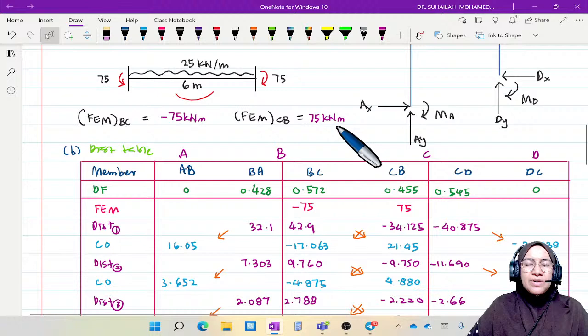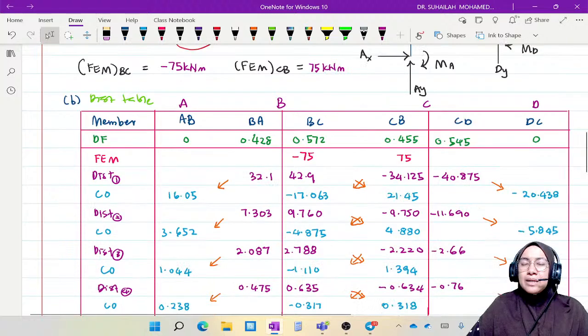Step 2B and step 3B are actually the same, except under step 3B, the FEM will be different. This is table number 1, where the first moment we get from external loading, which is UDL along member BC.